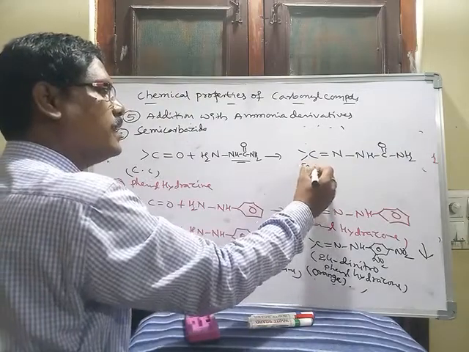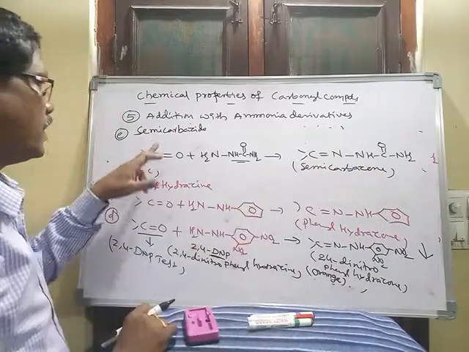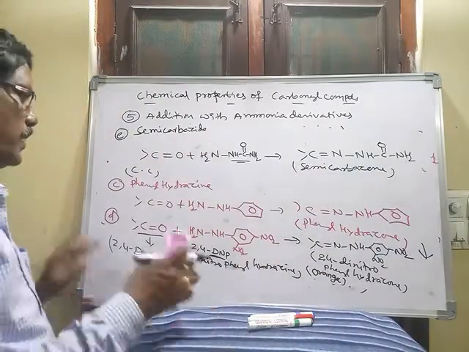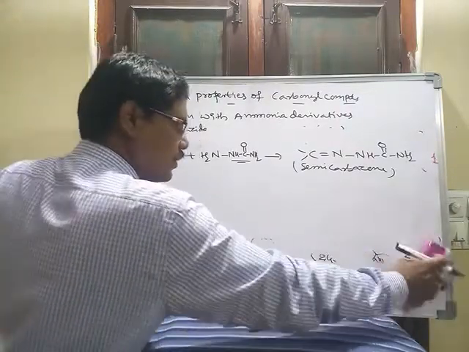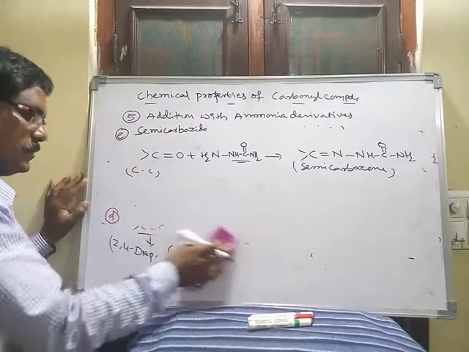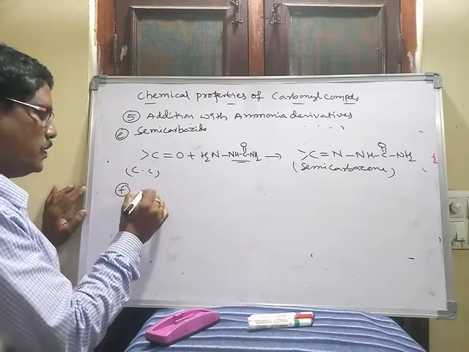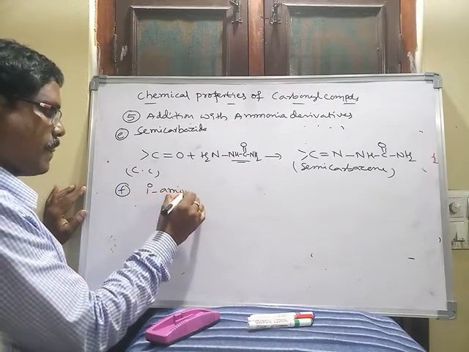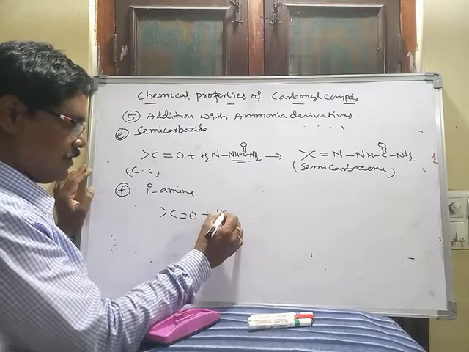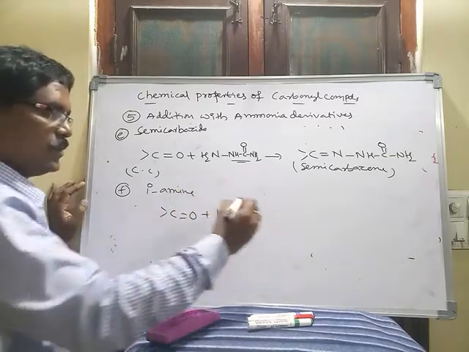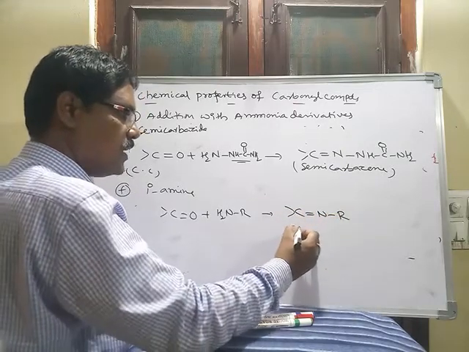This is called a semicarbazone. Semicarbazide will give a semicarbazone. Next reaction, F: reaction with primary amine. A carbonyl compound reacts with a primary amine to form this product, which is called a Schiff base.